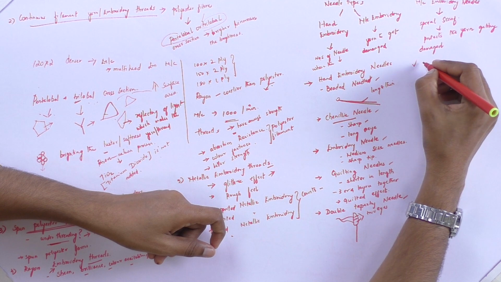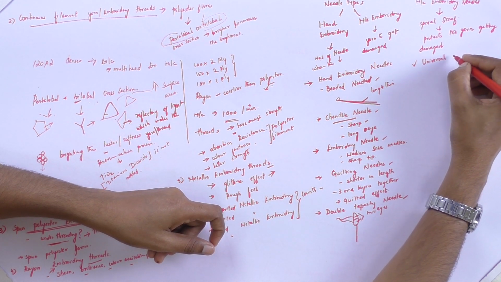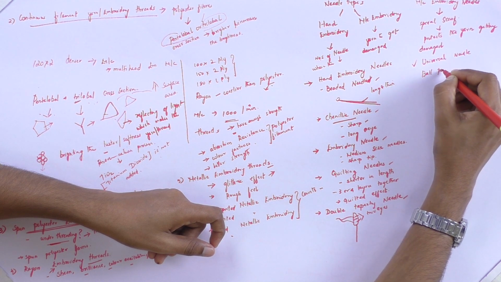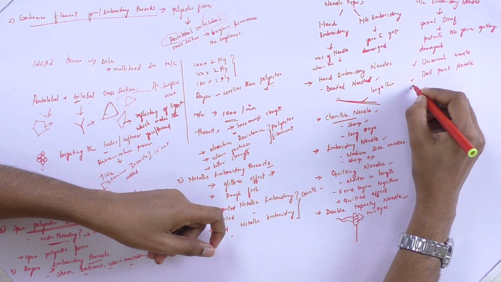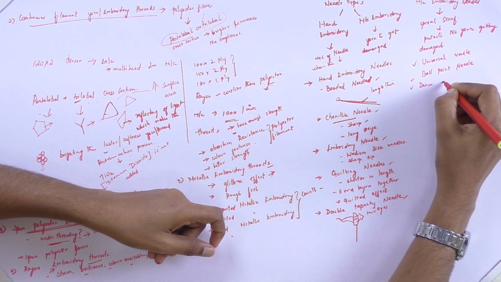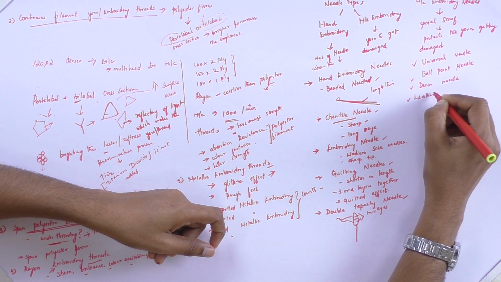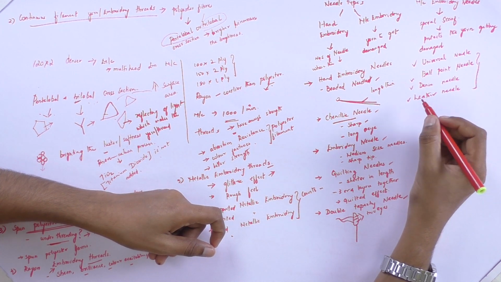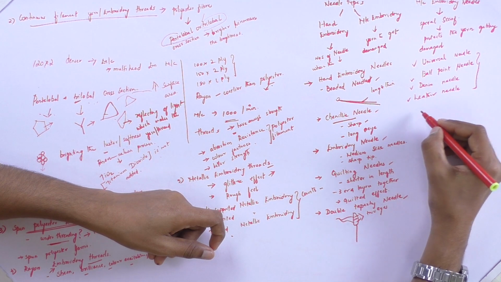So there are different machine needles available for doing our embroidery, namely universal needle, ballpoint needle, denim needle, leather needle, which are the most preferred machine needles for doing our embroidery work.